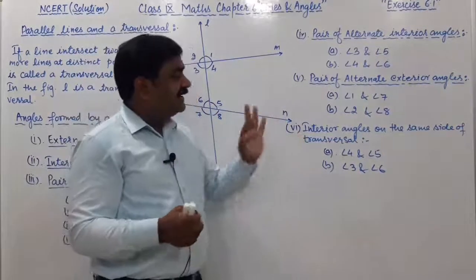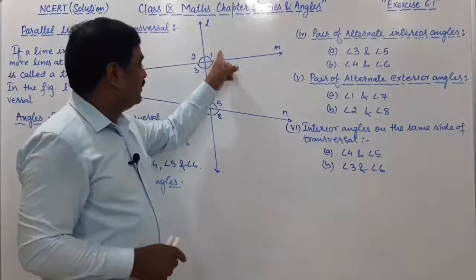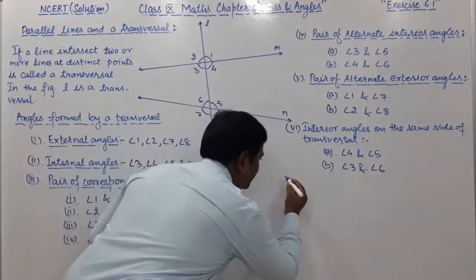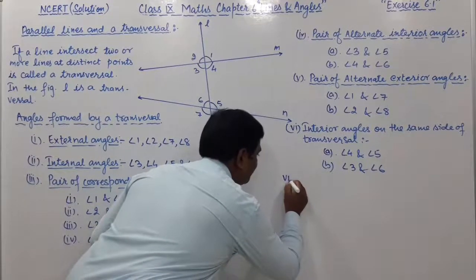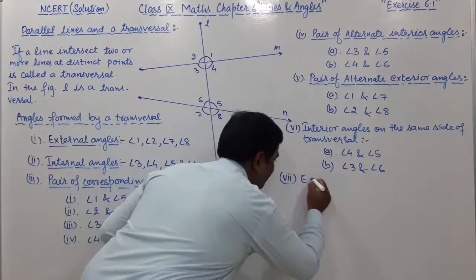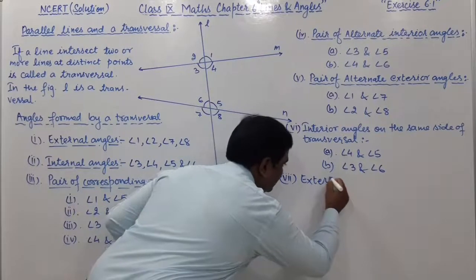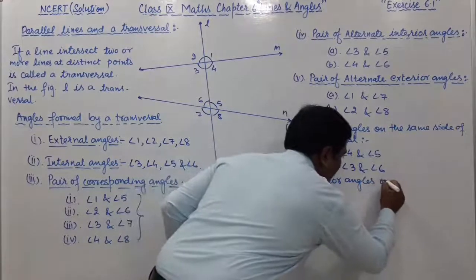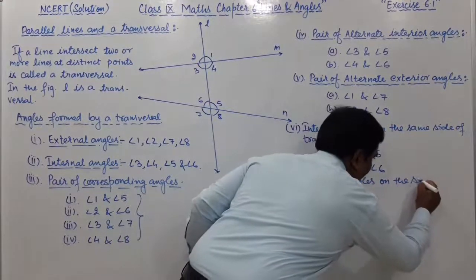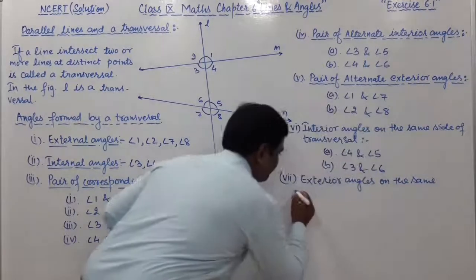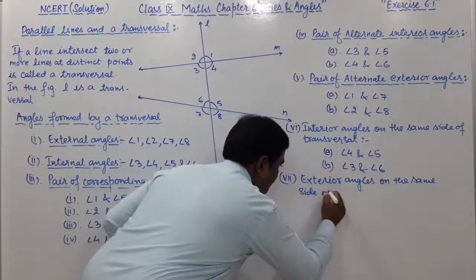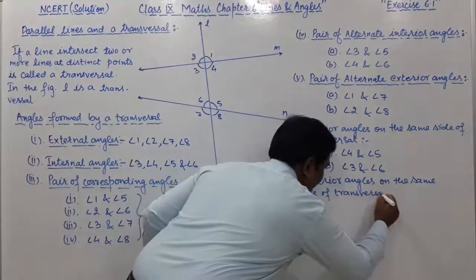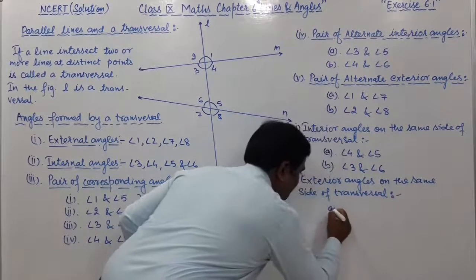Similarly, exterior angles on the same side of the transversal: angle 1 and angle 8, angle 2 and angle 7. So you just write this one also, exterior angles on the same side of the transversal.